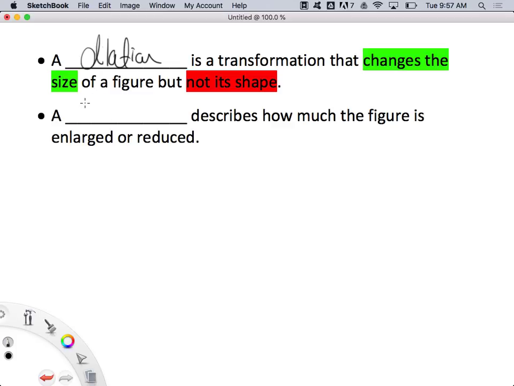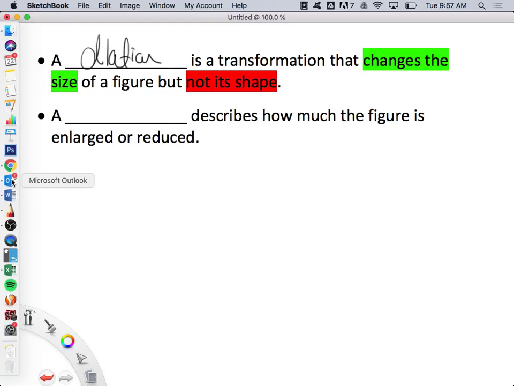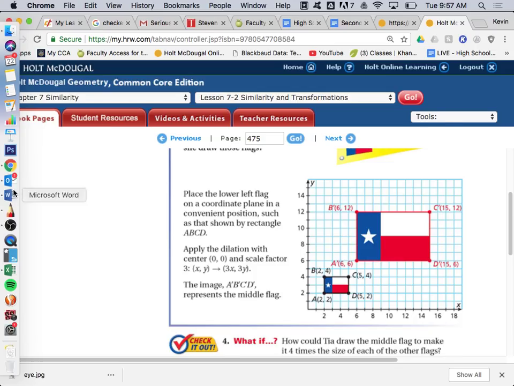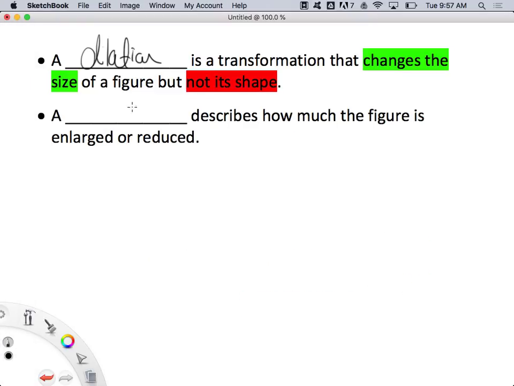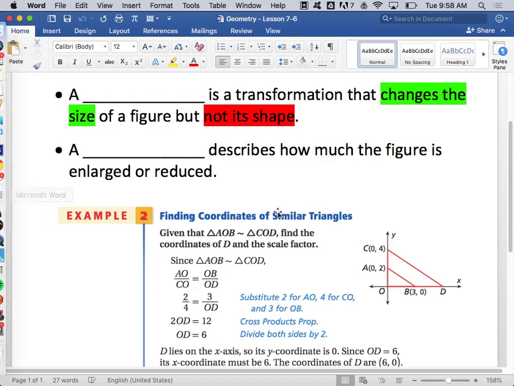A dilation ratio or a scale, basically. I don't remember what goes in that blank. Oh, the scale factor, sorry. A scale factor describes how much the figure is enlarged or reduced.